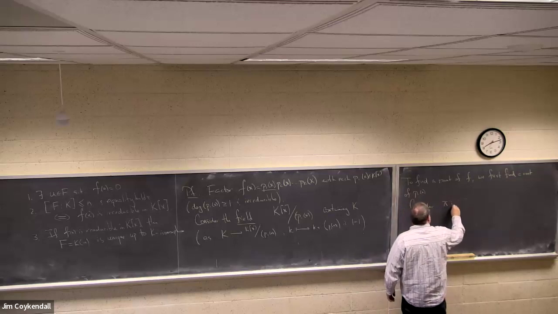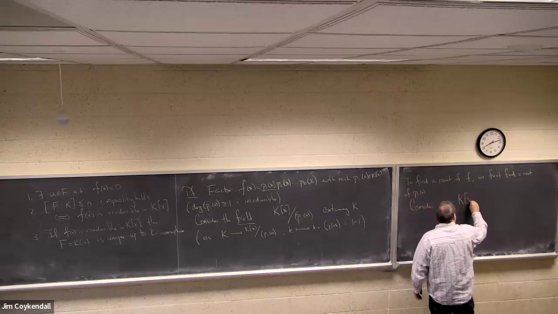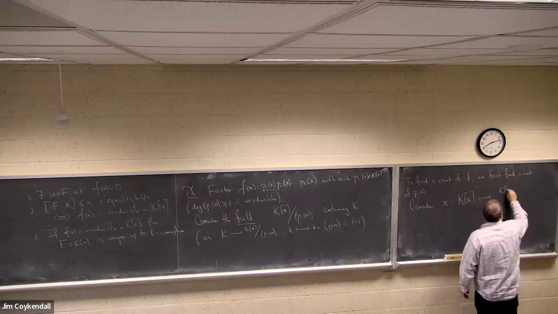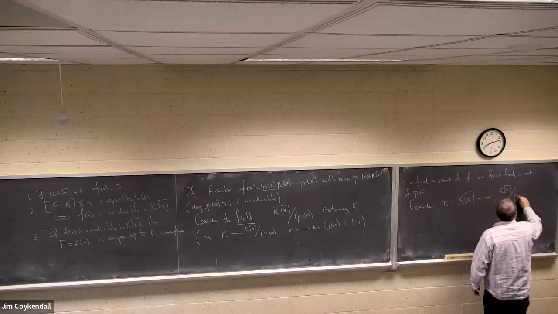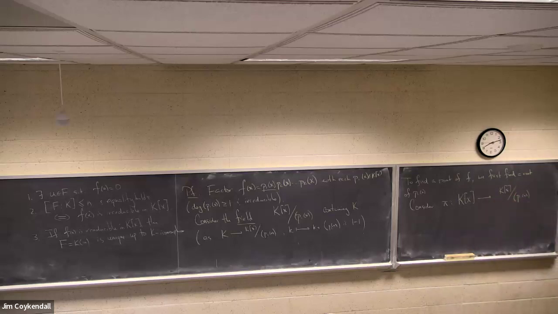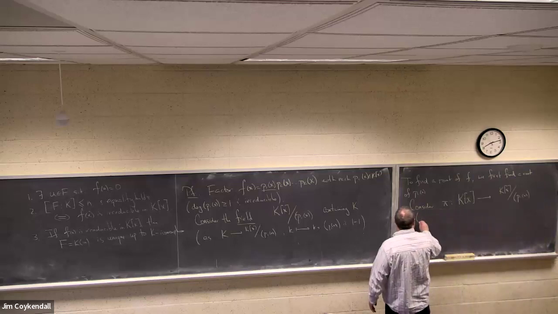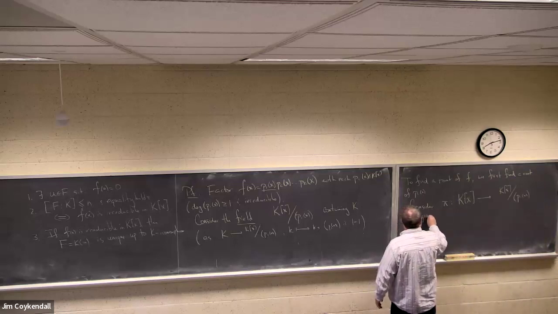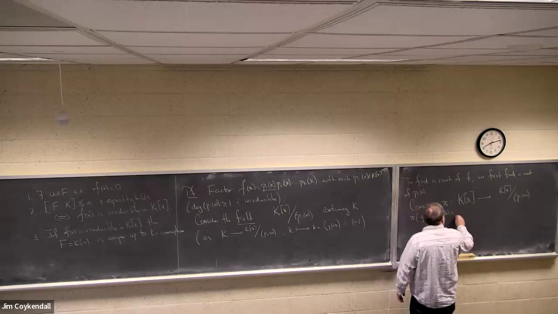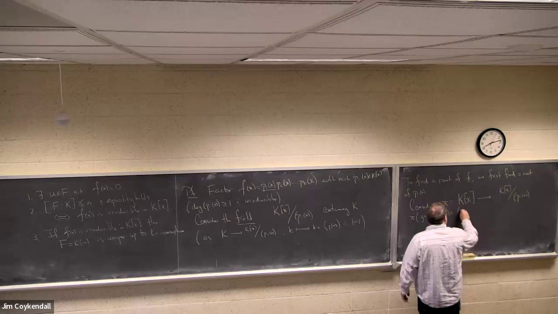the projection pi. So let's just look at the projection, take any polynomial to its appropriate coset. So pi of g(x) equals g(x) plus the ideal.